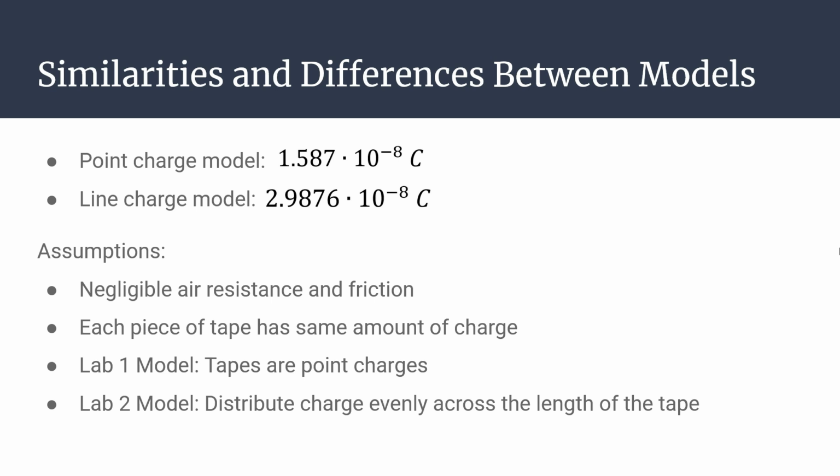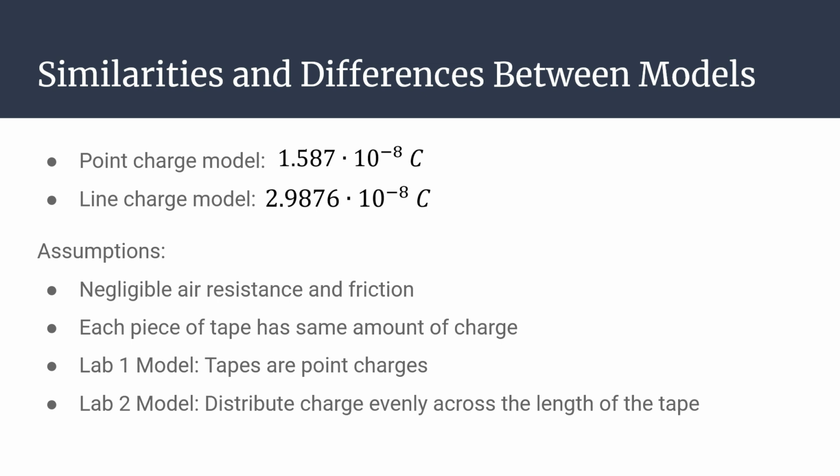Similarities and differences between the models. In both models, the charges are found to be on the same order of magnitude, and for both of them it's assumed that there's negligible air resistance and friction, and that each piece of tape has the same amount of charge.